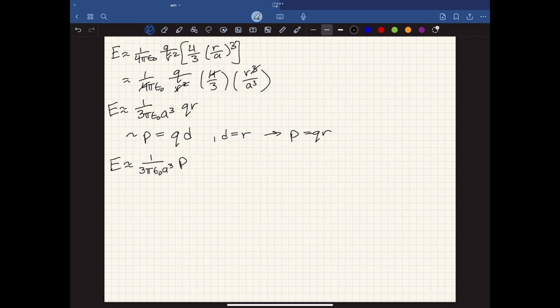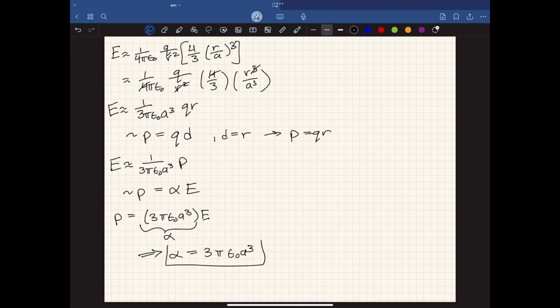The equation for polarizability is dipole moment equals the atomic polarizability times the electric field, so we can solve for the dipole moment. So this right here is the atomic polarizability, and that is the answer to our problem.